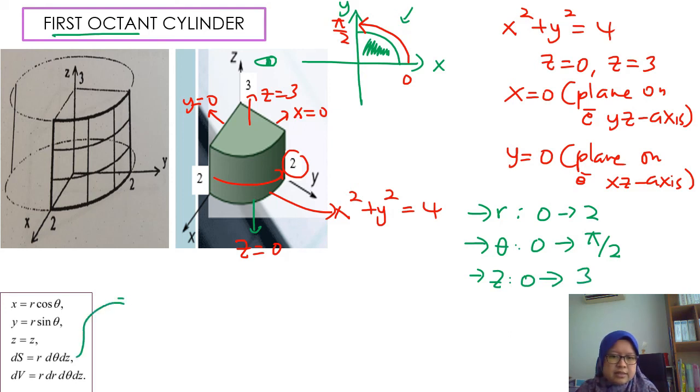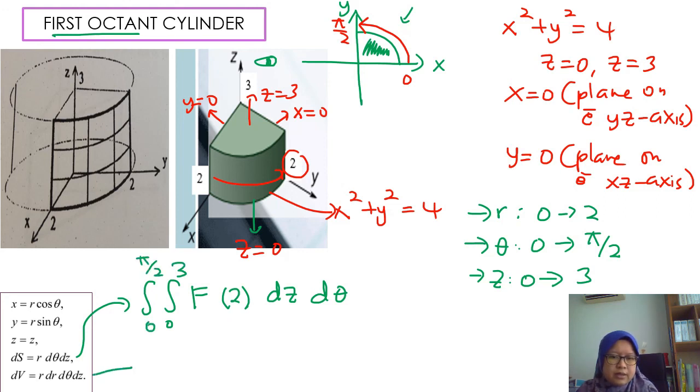Right, so ds will be a double integral. Let's say the function that you're going to integrate is f. So write f times r, which is 2, d theta. Let's say now I want to use dz d theta, so z here is 0 to 3 and theta is 0 to pi over 2.